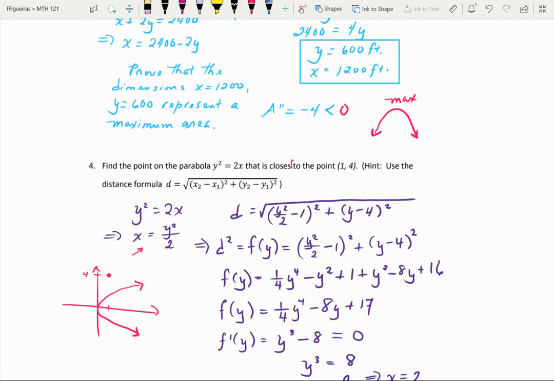So this is an important fact that you're going to want to remember for future math classes, that if I optimize the distance formula, or d equal to the square root of this expression, the answer I get is the same as the answer that I would get if I squared both sides. And by squaring both sides, that again saves quite a bit of work in terms of finding a derivative.